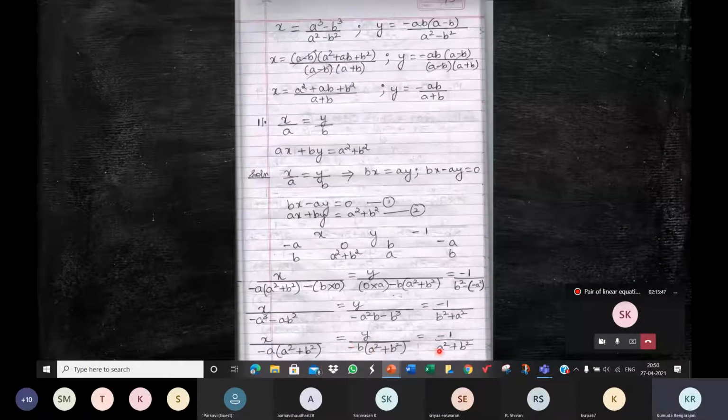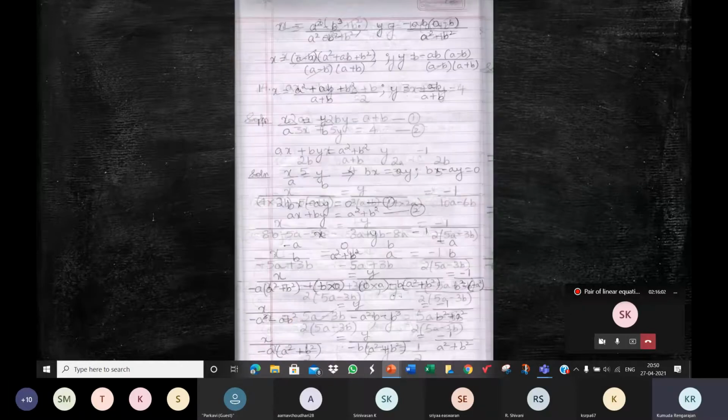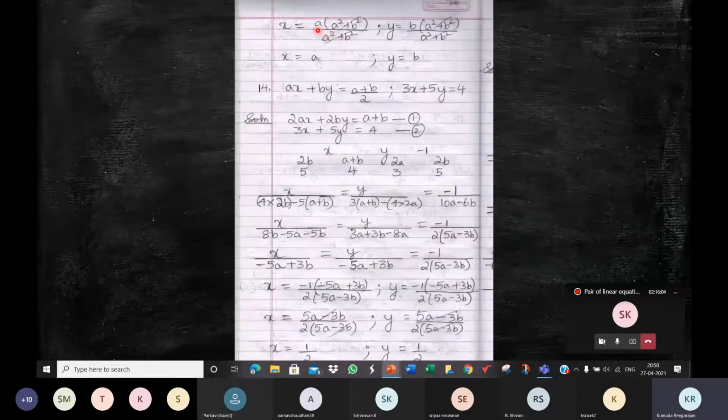Similarly here also, when you equate this with this, one will go up to the numerator. There's minus 1 here, so that minus into this minus will be plus. That's what you see in the next page. You don't see the negative sign at all, because minus into minus is plus. So we have x is equal to a and y is equal to b.